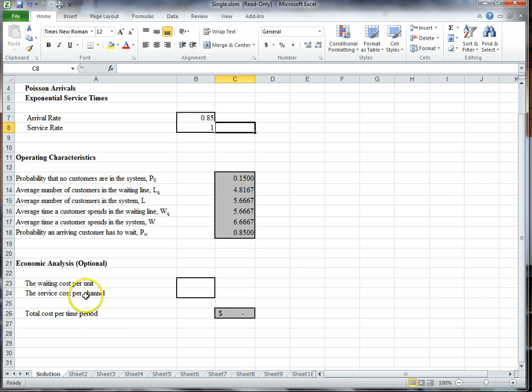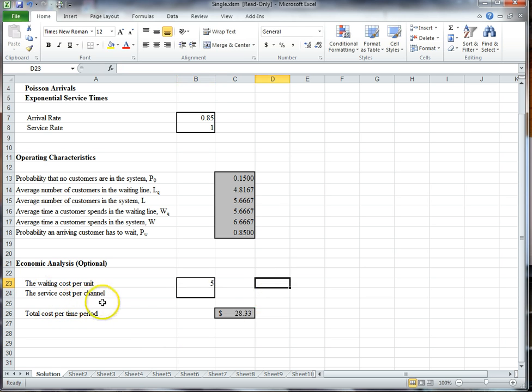When we do cost analysis, there are 2 types of costs in your textbook. The waiting cost, how much it costs the system for a customer to be waiting, and let's say that's $5 here per unit time.